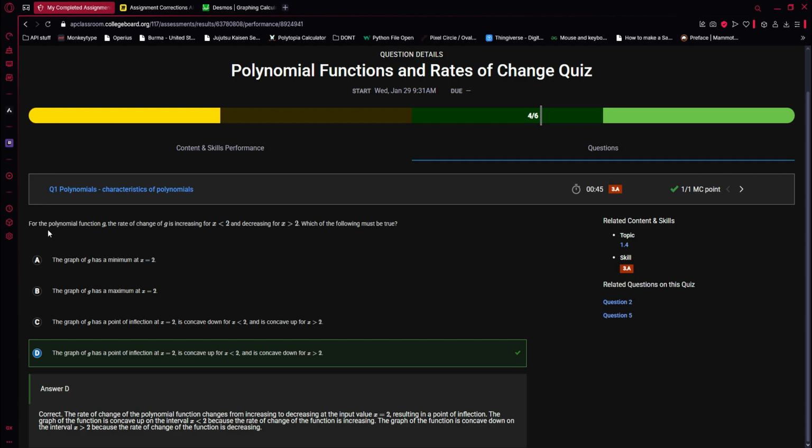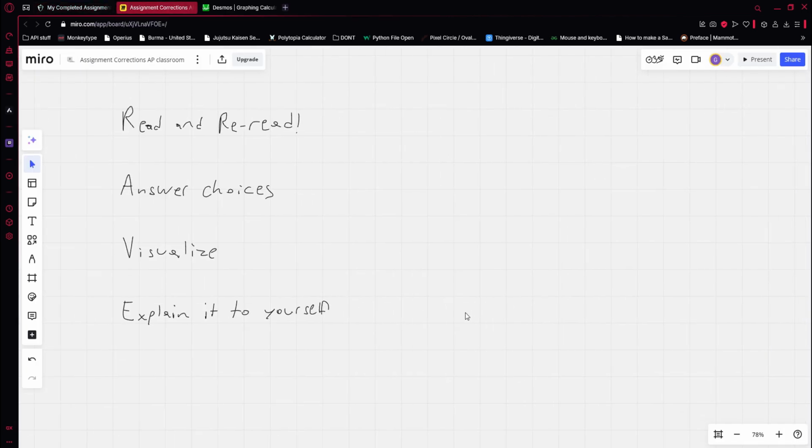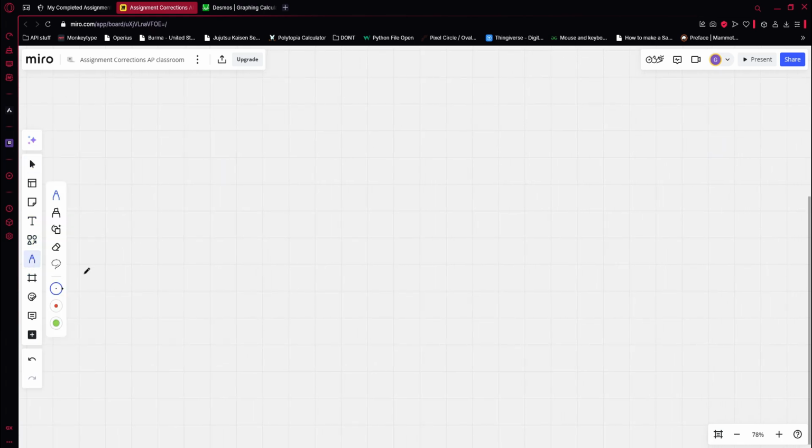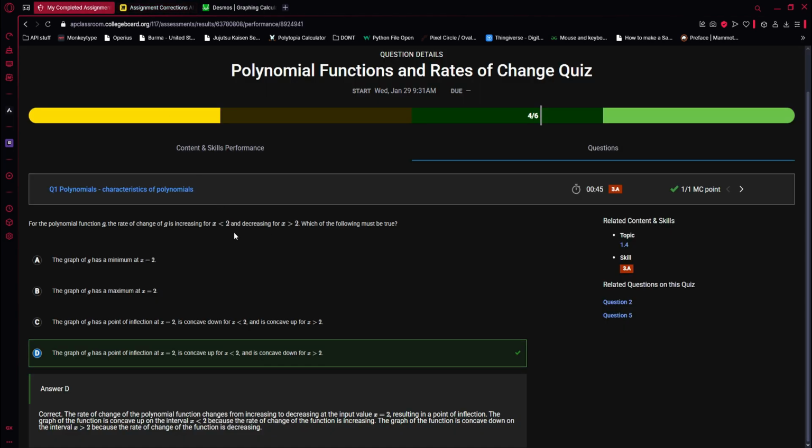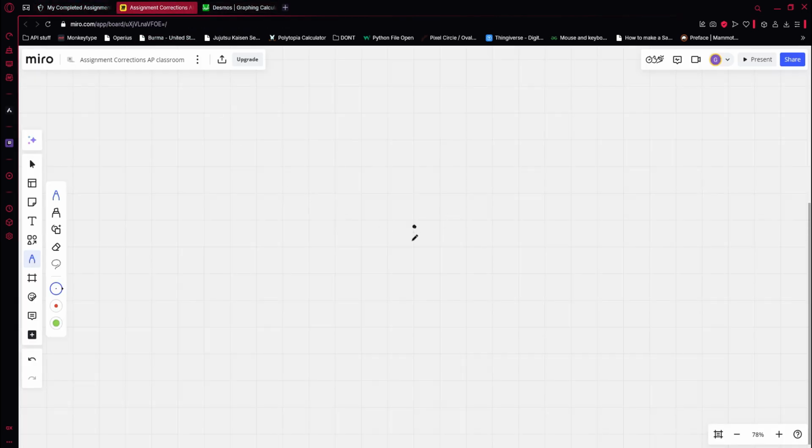Let's draw this out. We don't really need the coordinates because we're only going around a central point. So we're going to do that. That's 2 right there. Congratulations. So if we look at this, rate of change is increasing when x is less than 2. How would we do this?